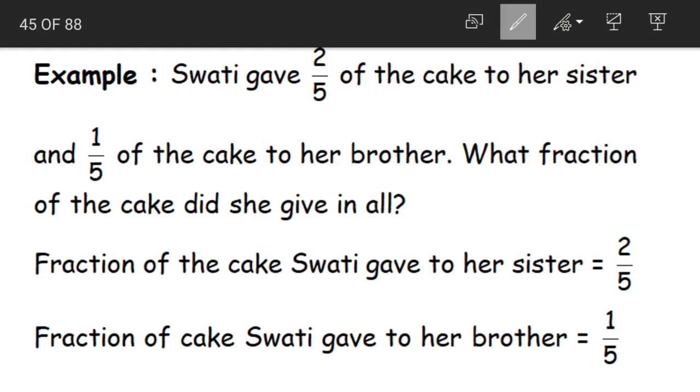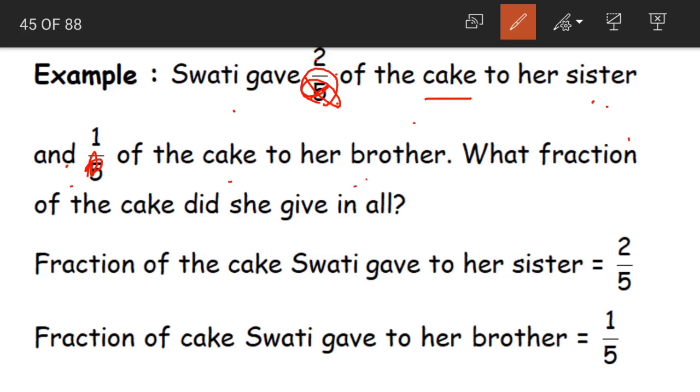Suppose you are not able to understand the question because of the fraction, just eliminate the fraction and assume it as a whole number. Say, Swati gave 2 cakes to her sister and 1 cake to her brother. It is simple for you to understand now, right? Now what fraction of the cake did she give in all?